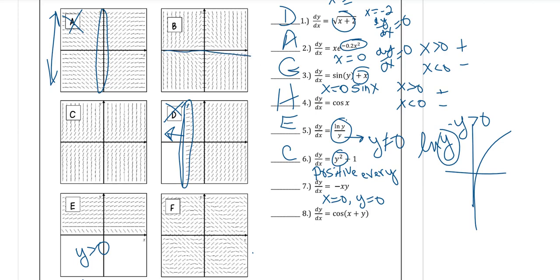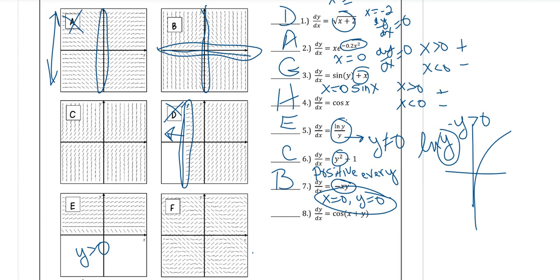The other thing you want to notice is as you move along the lines y equals x or y equals negative x, you're going to have parallel lines as well because of this relationship of negative x, y here. So this is going to be letter B, just from knowing this, because you have horizontal tangent lines here and horizontal tangent lines there.